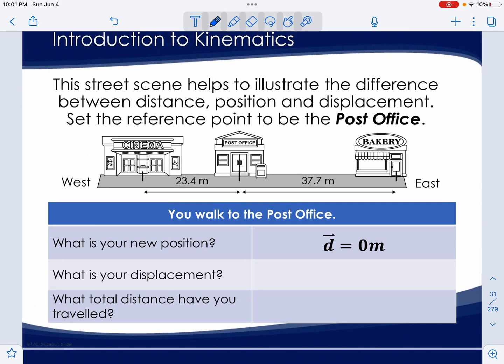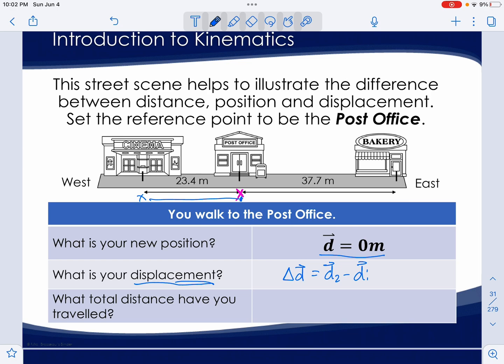Okay, here, what is your new position? So, with this being our reference point, and we started here, and we walked over to here. So relative to our starting point, the new position is 0 meters. What is your displacement? Now remember, displacement is our delta D, which is our D2 minus D1, right?